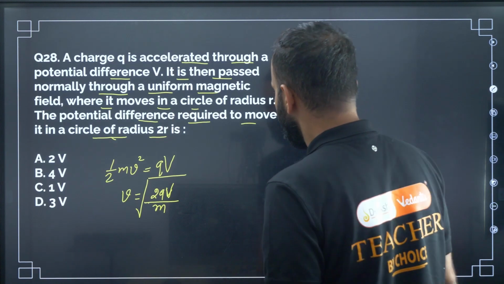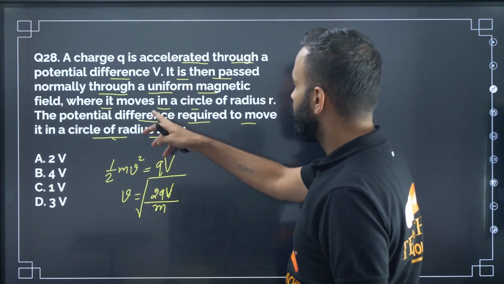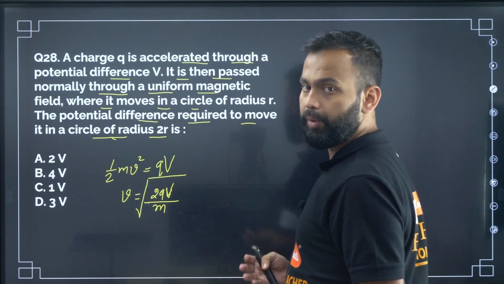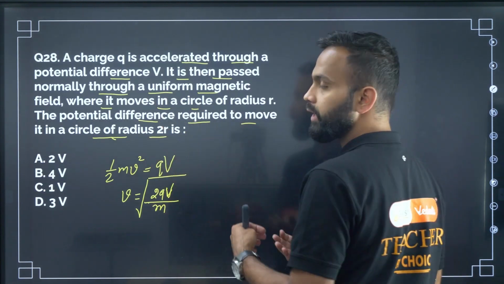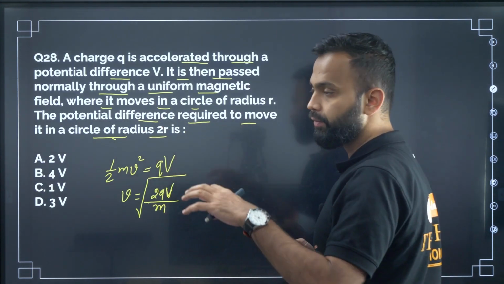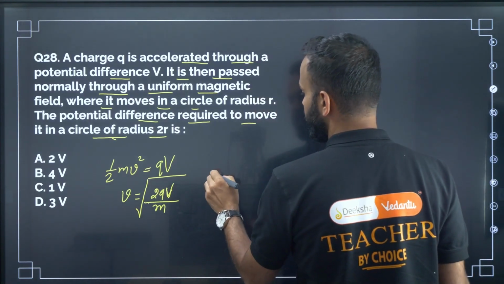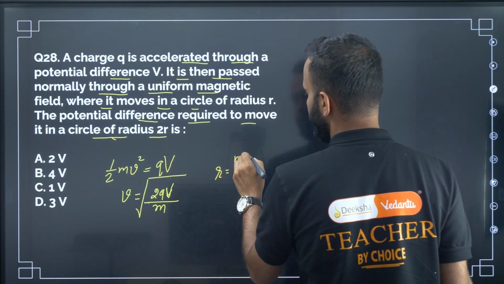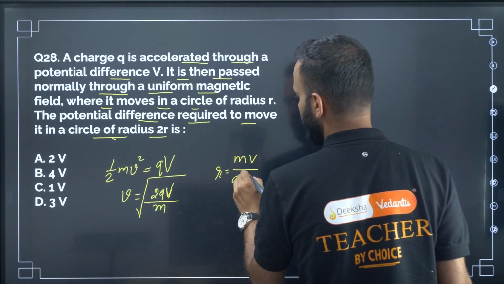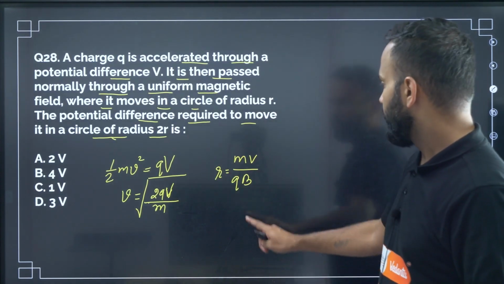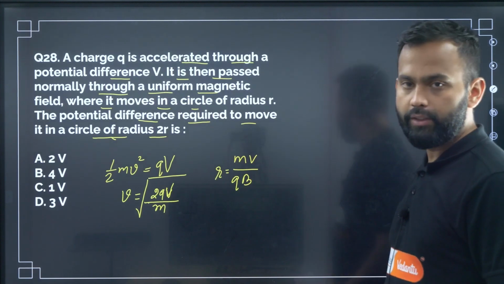Now when the charged particle moves in a uniform magnetic field, with its velocity perpendicular to the magnetic field, it takes a circular path. So the radius of the circular path r equal to m into v divided by q into B. Here mass is not changing, magnetic field is not changing.